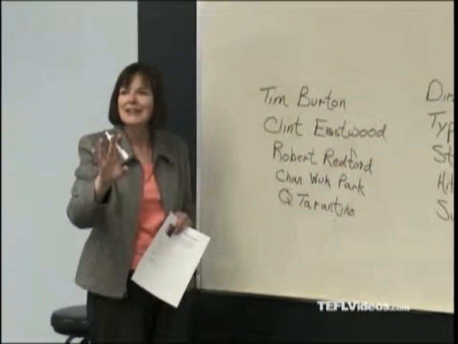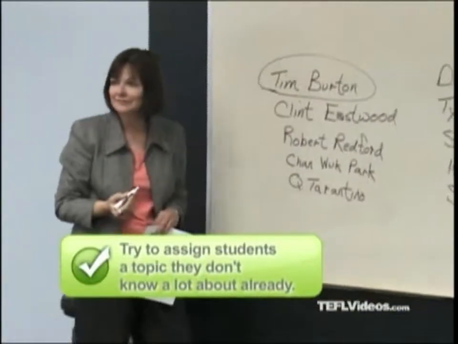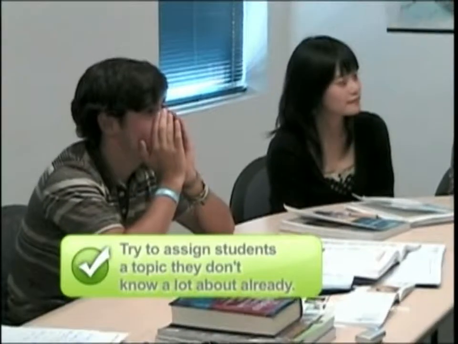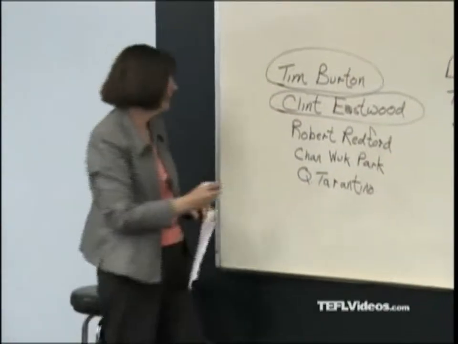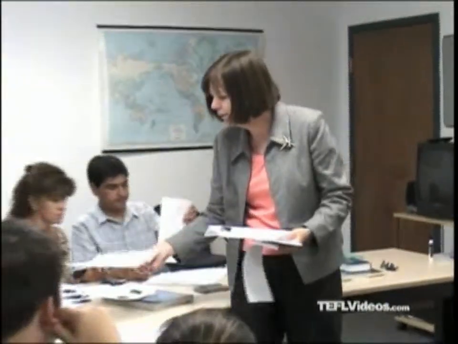So let's say, Veronica and Pedro, you can work on Tim Burton, okay? And Andres, why don't you work on Clint Eastwood? And Elena and Carlos, why don't you work on Quentin Tarantino? Okay. I'll just give one to the pair because you're going to fill it out together.